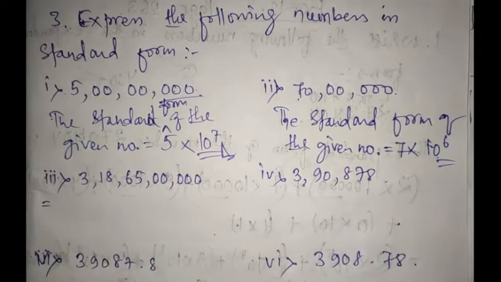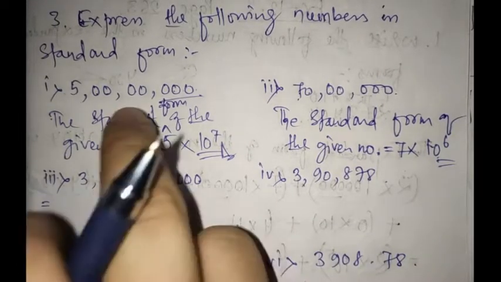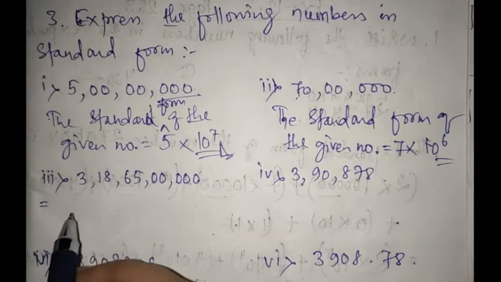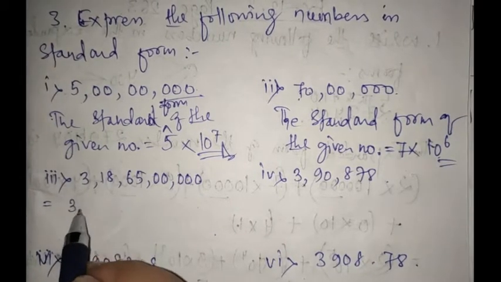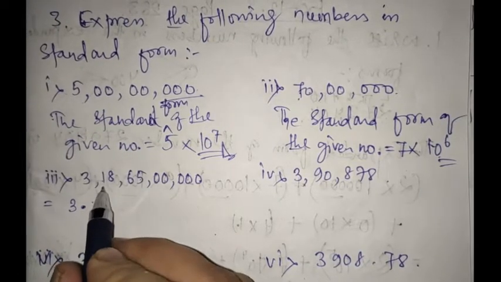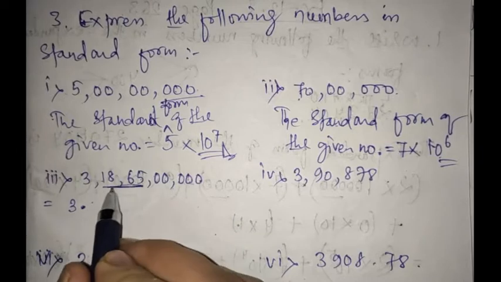This is a very important part of the exercise. Now here I am going to write 3 point. After the point, whatever the numbers are, only this part, do not count 0.